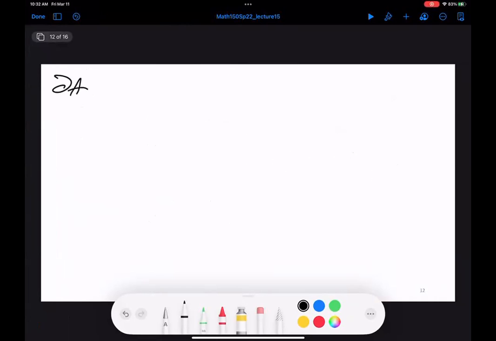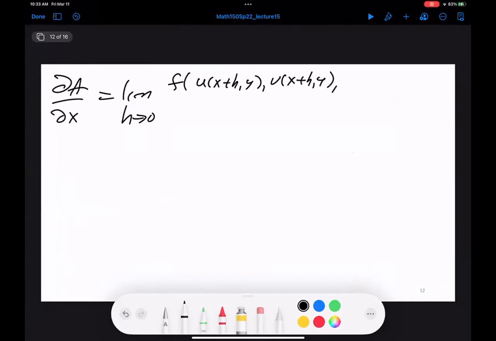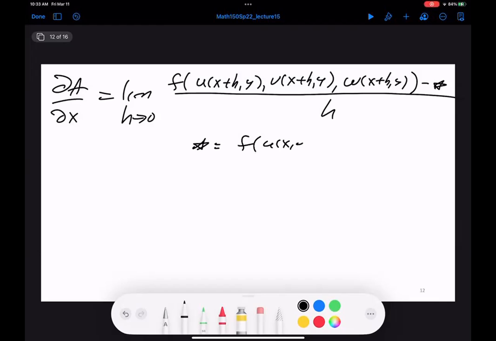So dA dx would be the limit as h goes to 0 of f of u of x plus h y, v of x plus h y, w of x plus h y, minus star over h. I'm just running out of space, where star is just going to be f of u of xy, v of xy, w of xy.